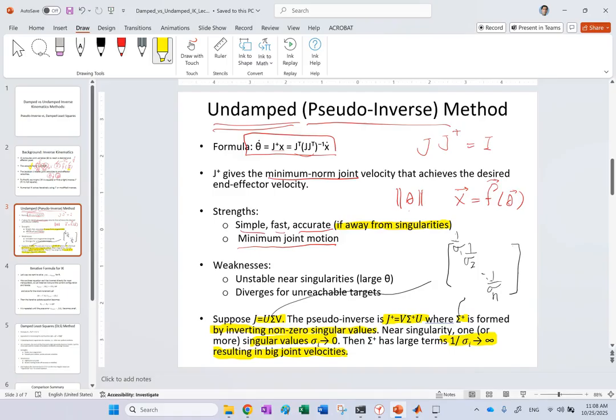When you solve for theta dots, the results are going to be very large, and so your update equations are not going to converge. You become unstable near singularities, and if the points are not really reachable or are close to non-reachable, your algorithm could easily go unstable and diverge. So that is the problem with this method.